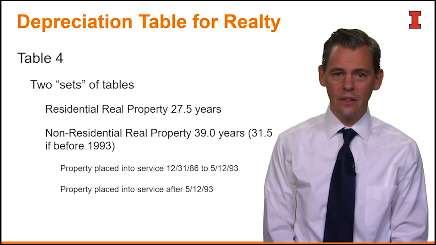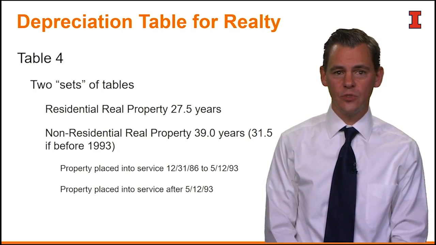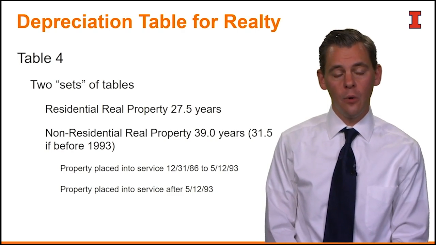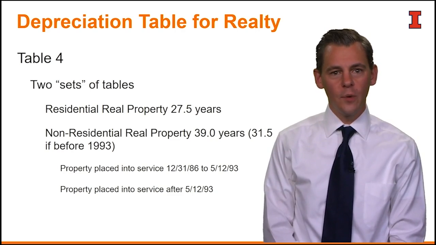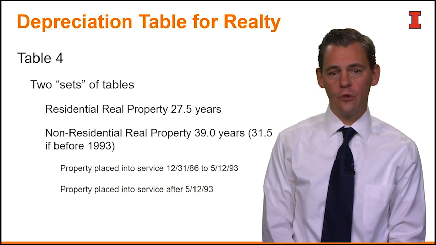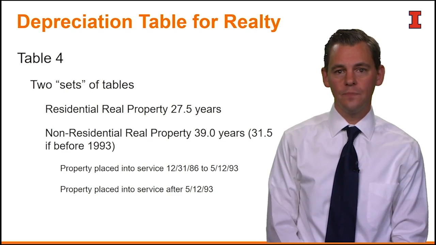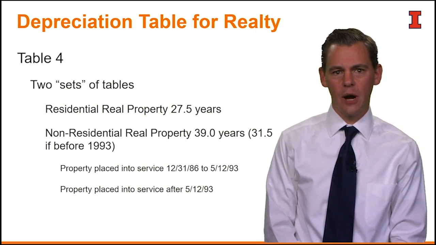In terms of calculating the depreciation deduction for business use realty, we need to look at Table 4. There are in fact 2 sets of tables. One for residential property, depreciated over 27.5 years, and the other for non-residential property.